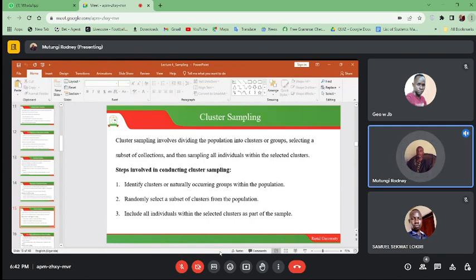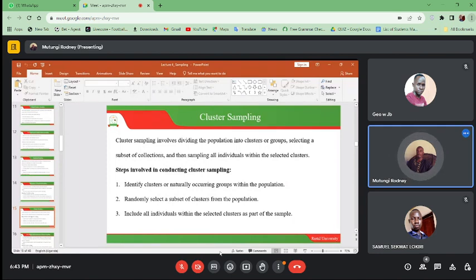Of course, we expect each street to be having men, women of different ages. They can also be having people with disabilities. They also have people of different levels of education and employment, such things, which create that heterogeneity in those clusters in street 1, street 2, street 3, street 4, street 5.